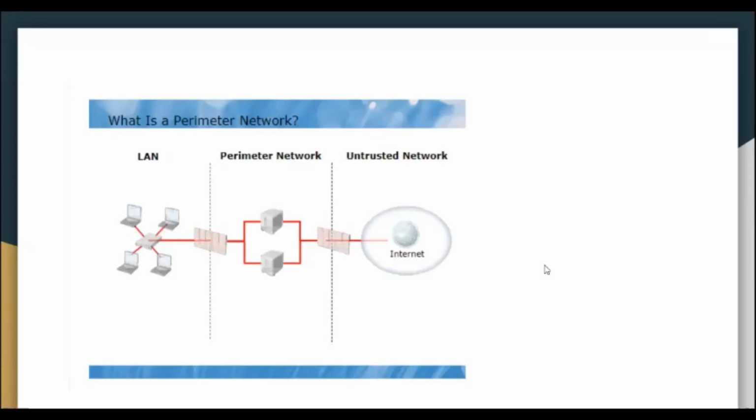A perimeter network is sometimes called a zone or DMZ. It is the boundary established by firewalls and other information security infrastructure to partially isolate a network or host from external threats.